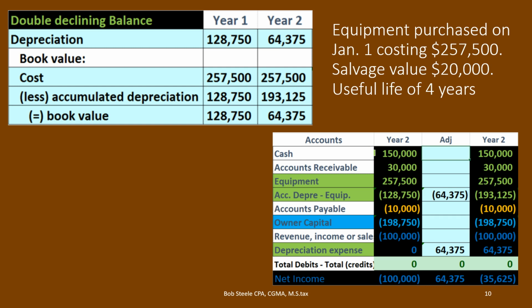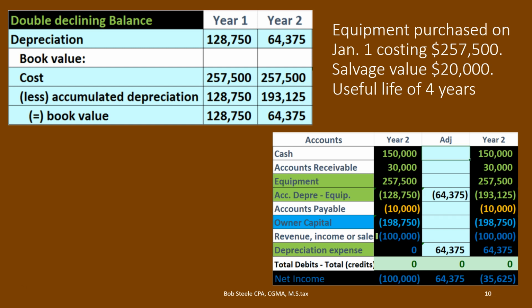see at the beginning of year 2, before we record the adjusting entries, we have our cash or receivables. The equipment's still on the books at 257.5, and the accumulated depreciation is 128,750, what it was after year 1. And then we can see down here we're going to have the same income, meaning not the same income we made in year 1, but we're assuming we made another 100,000 in year 2.